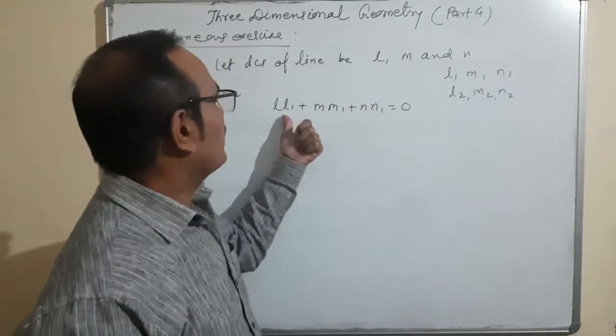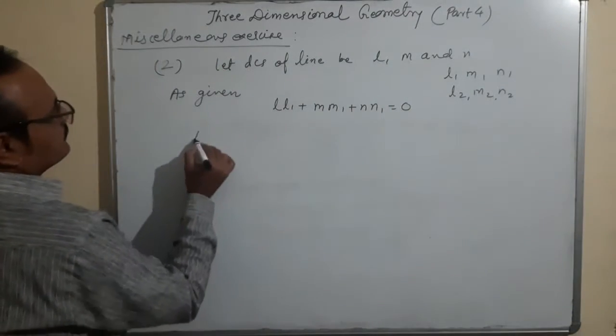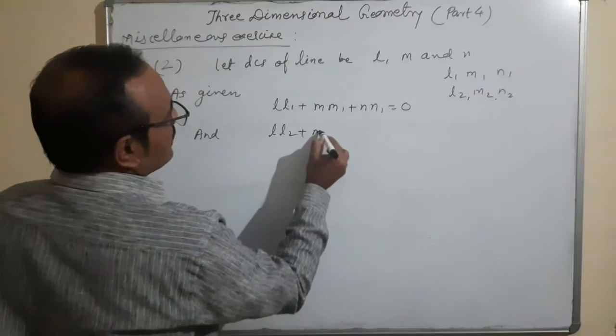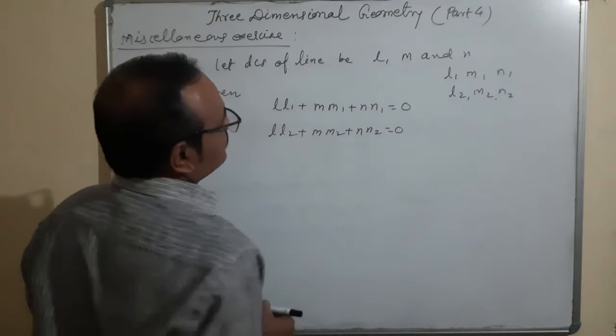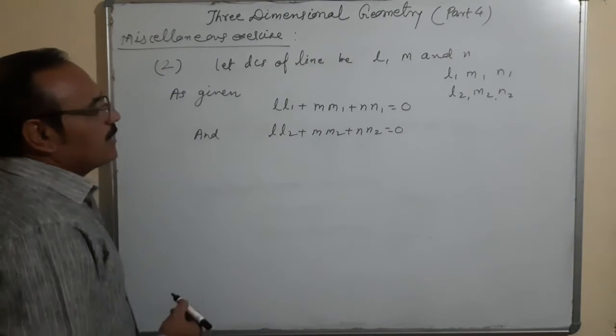So the first condition is l l1 plus m m1 plus n n1 is equal to 0 and l l2 plus m m2 plus n n2 is equal to 0. From these two equations, we are going to find the values of l, m and n.